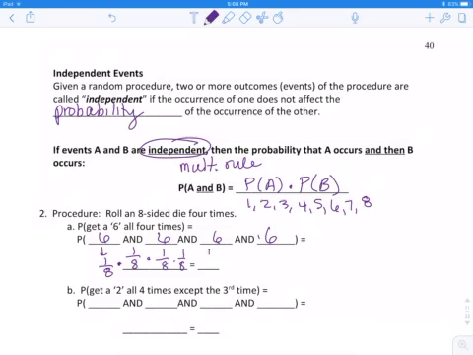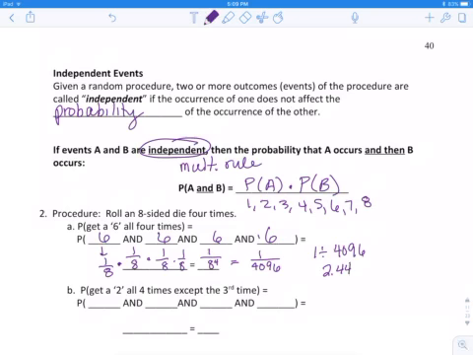So multiplying these, we'd get 1 over 8 to the fourth, which is 1 over 4096.